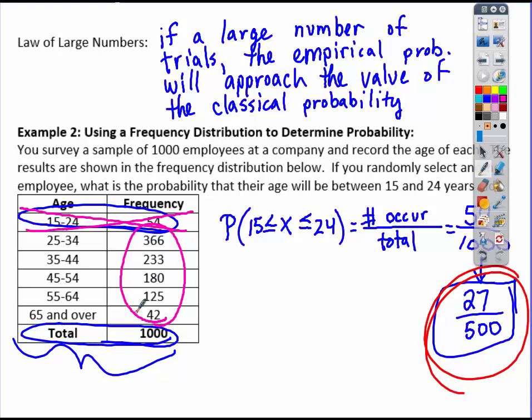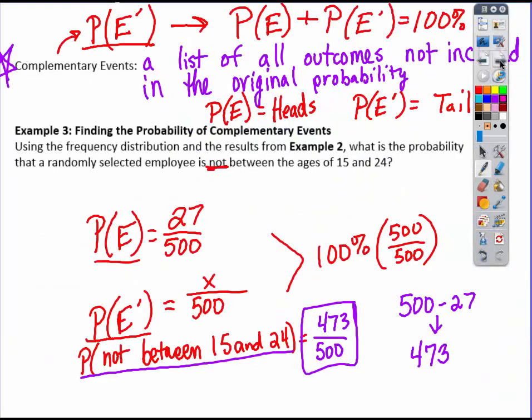This is going to add up and give me 946 over 1,000. And if you're not quite sure, this actually reduces down to 473 out of 500. Right? Which if you look is actually the same exact thing that we got right here.